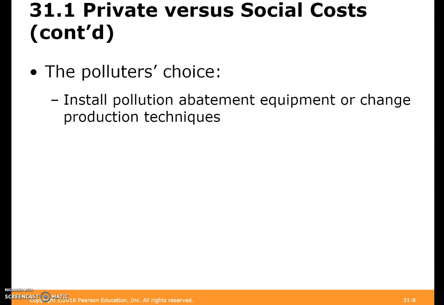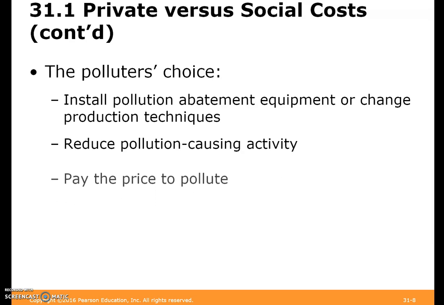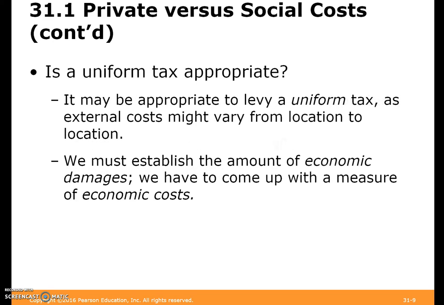They can install pollution abatement equipment or change production techniques, things that can stem the rise of pollution. They can reduce pollution-causing activities, or they can pay the price to pollute. That's how we can change the signals of their externalities.